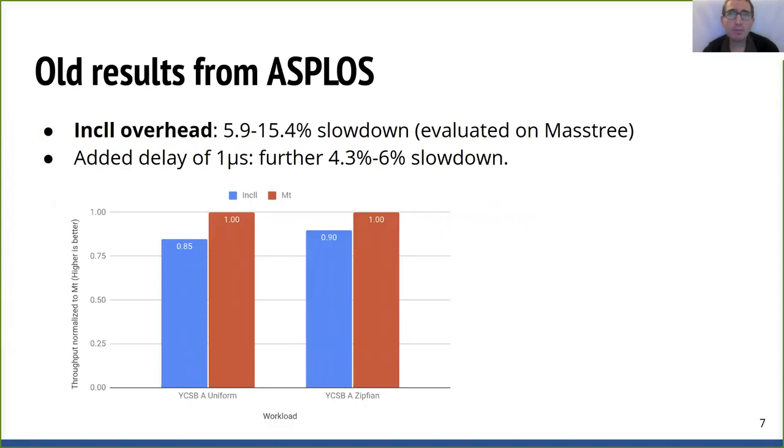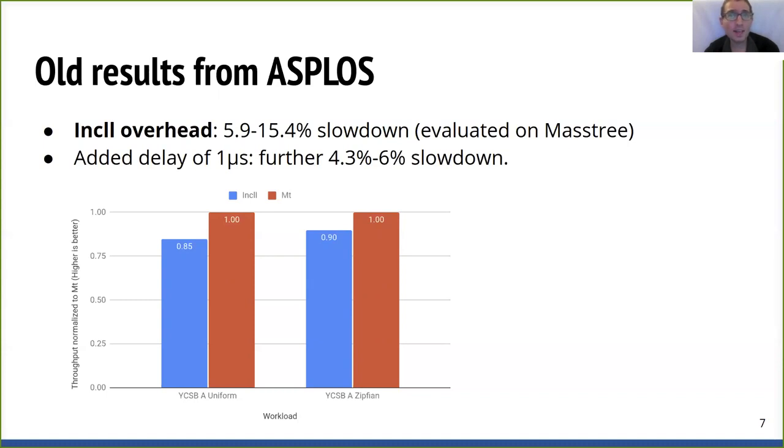In the ASPLOS paper, we reported the overhead of adding the InCLL crash consistency mechanism to the Masstree data structure. The reported overheads varied between 6 to 15% across YCSB workloads without any delay. We also reported the change in throughput when we introduced additional delays after an sfence operation to model the effect of cache line flushes.